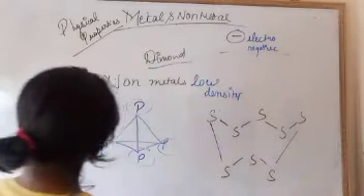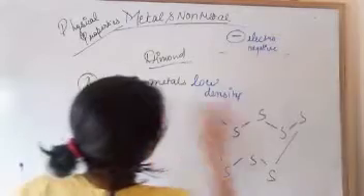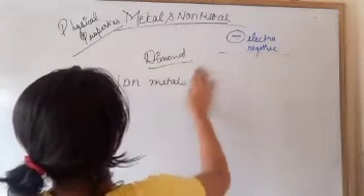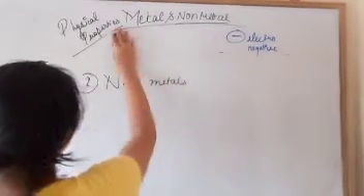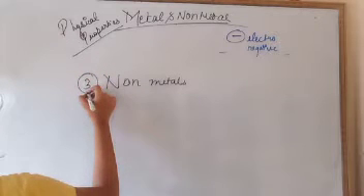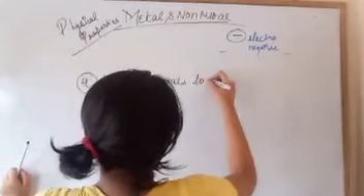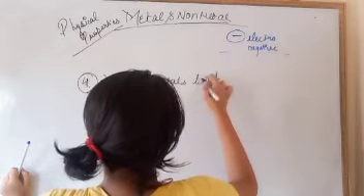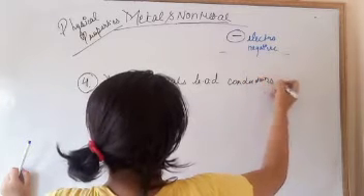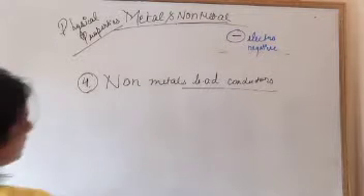So the next property: non-metals are bad conductors of electricity. They are bad conductors of electricity, except graphite.